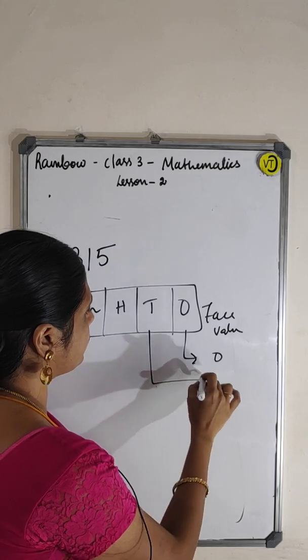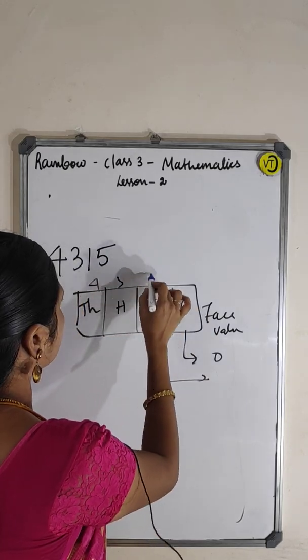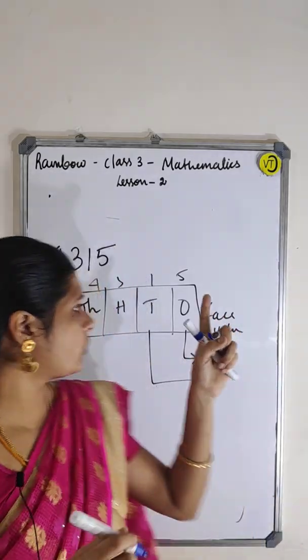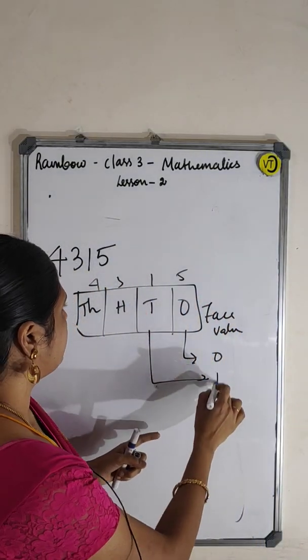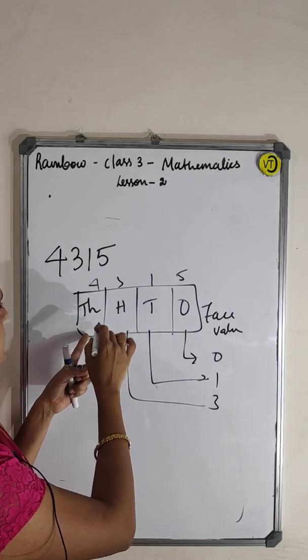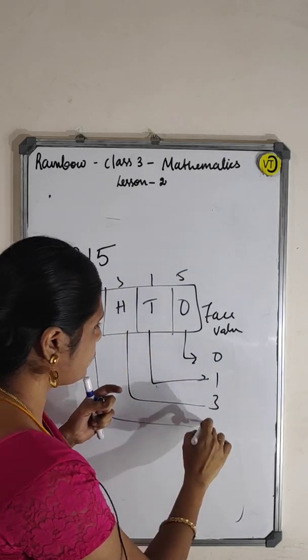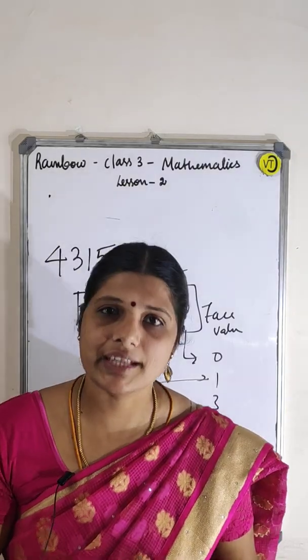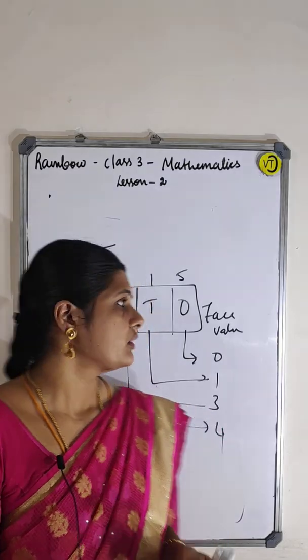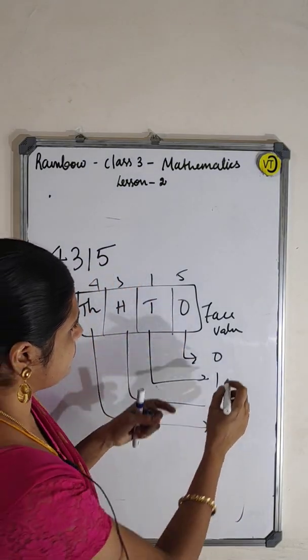The face value of 1 is what? 1 only. The face value of 3 will be what? 3 only. The face value of 4, it is 4 only. This number itself, right? Place value is different.